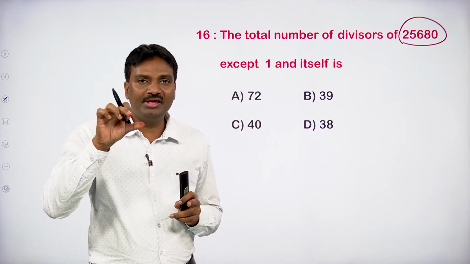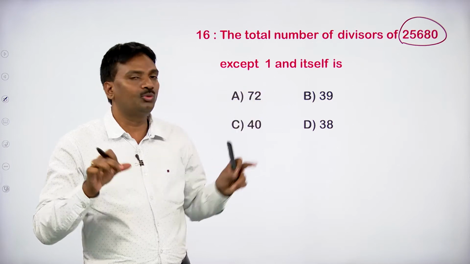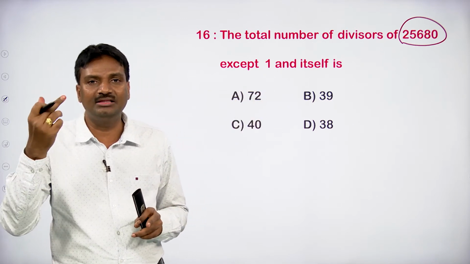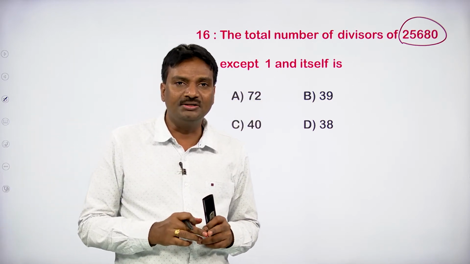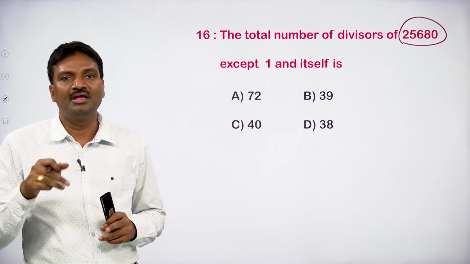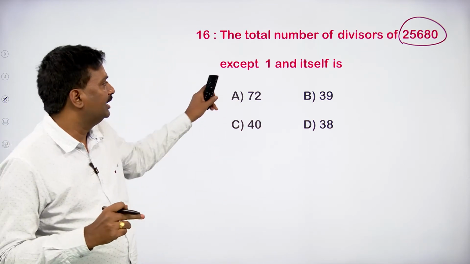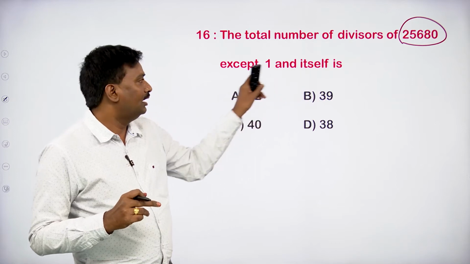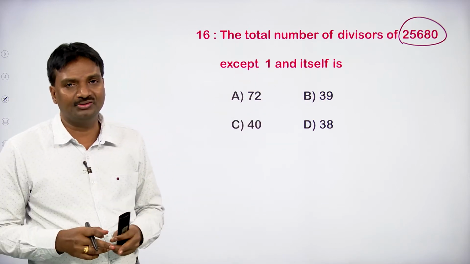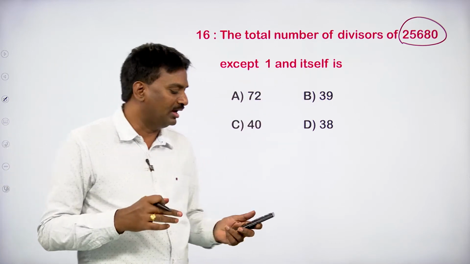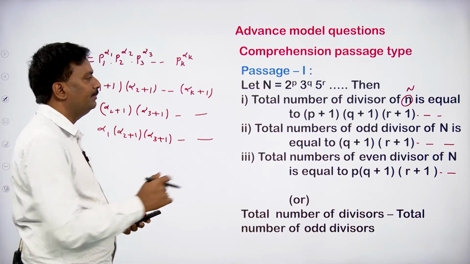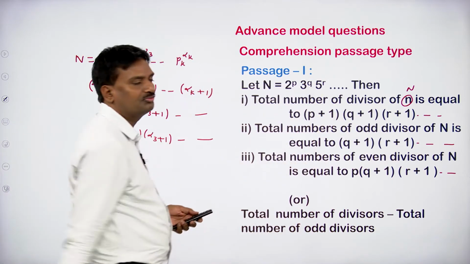So, here we have to express the number 25,680 in the form of 2 power p into 3 power q into 5 power r into so on, and then find the total number of divisors. The total number of divisors formula with respect to the given passage is p plus 1 into q plus 1 into r plus 1 into so on.